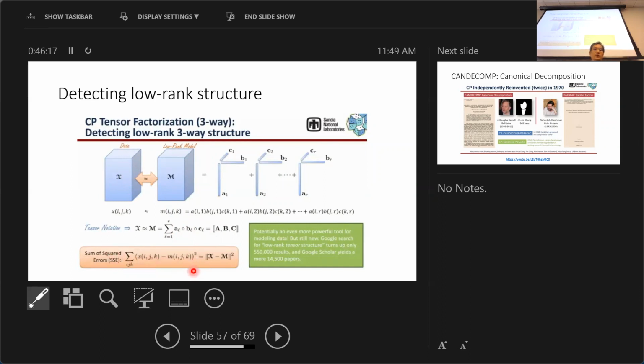So your goal is to select, to compute those vectors. Once they construct the approximation, this approximation is as close as possible to your original data. Exactly the same idea as our matrix decomposition.